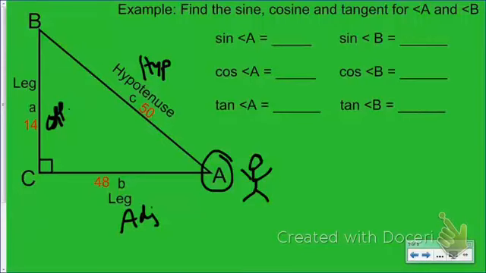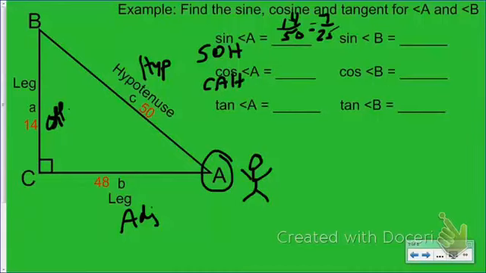So sine A would be, remember, opposite over hypotenuse, but this time, instead of saying A over C, I'm going to say 14 over 50. And we can reduce that to 7/25. Cosine, remember that's CAH.